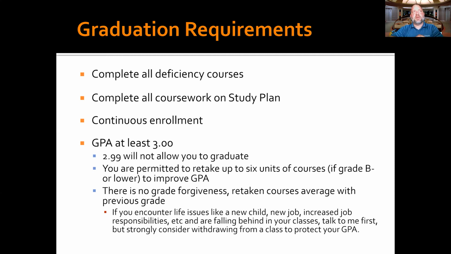The way that the computer is set up, whoever set it up apparently was not an engineer. They set it up such that sometimes a B- and a B+ average out to a 2.99 instead of a 3.0, and we have to talk with the Office of Graduate Studies and let them know, wait a second, that's the same thing, mathematically speaking.